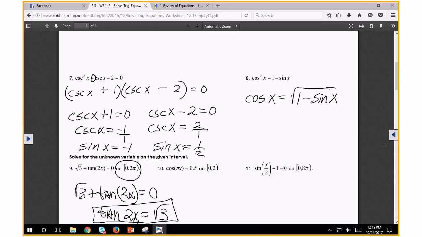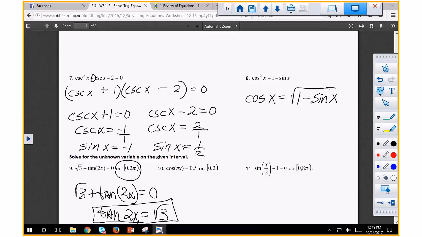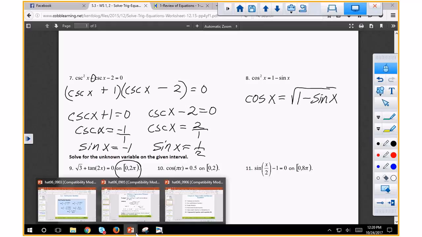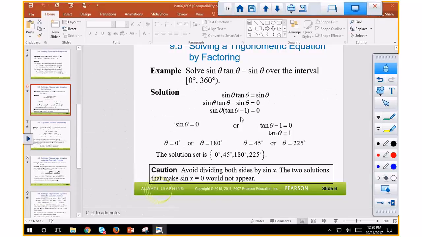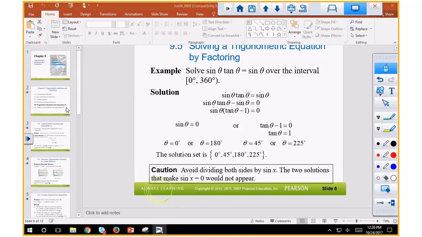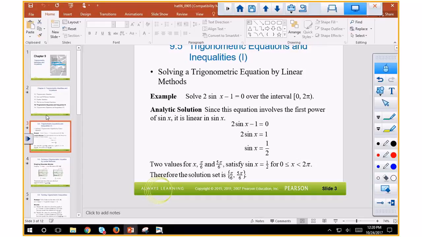I want to really focus on 1 through 8 right now. Okay? So right now, go to 9.5 right quick. We already covered one like that.